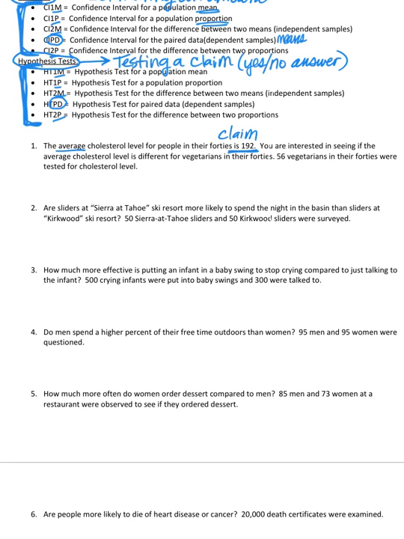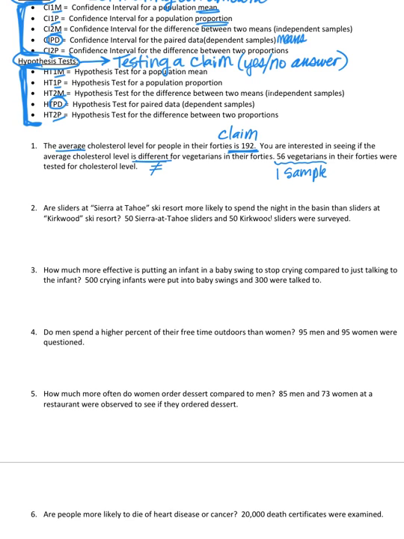You are interested in seeing if that average cholesterol is different for vegetarians in their 40s. This tells me that if I was to do a test, it would be a not equal to. 56 vegetarians in their 40s were tested for their cholesterol level. So what I see from here is that we have one sample's worth of information.